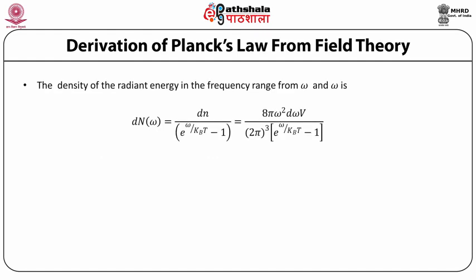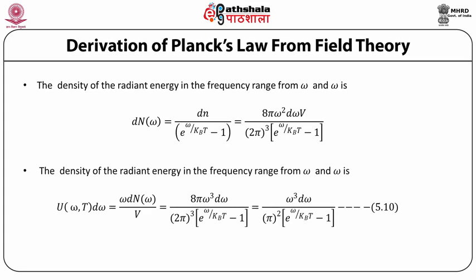The density of radiant energy in the frequency range from omega to omega plus d omega is d capital N of omega, which is equal to 8 pi omega squared d omega V into 2 pi cubed into exponential minus 1.